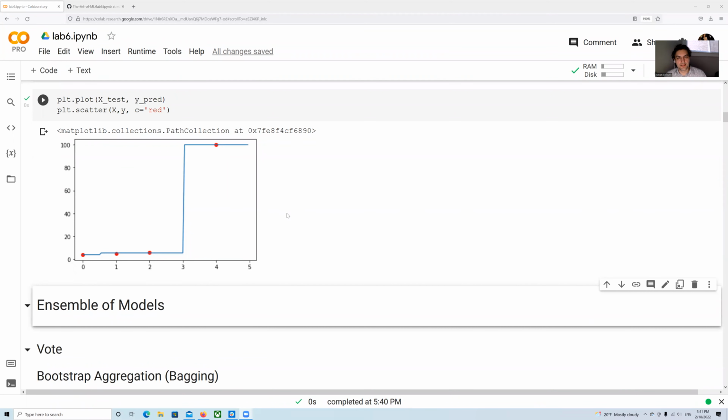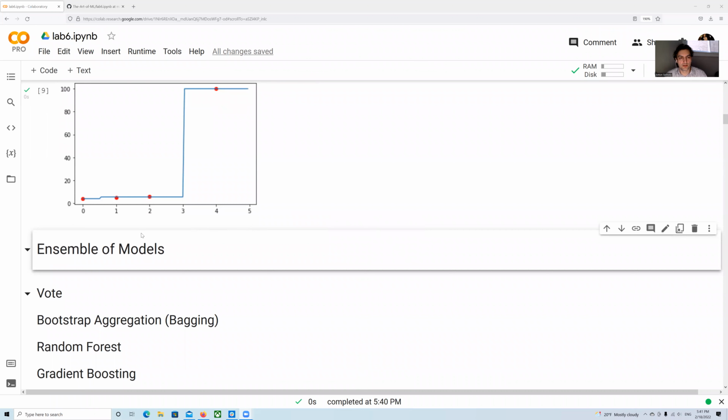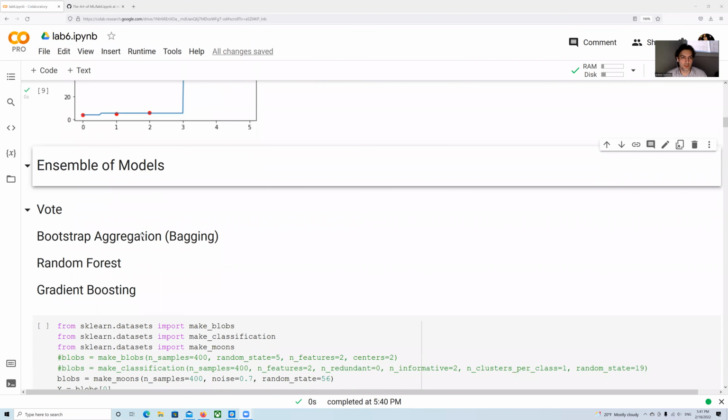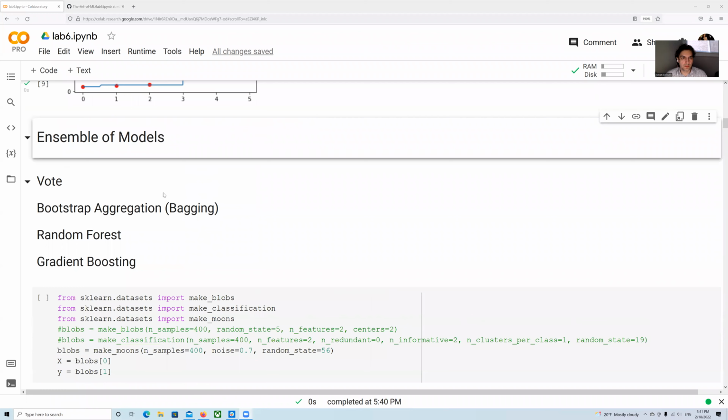Now, when we understood how to plot an individual decision tree, we can talk about ensembles of models and ensembles of trees in particular. There are two main approaches for ensembling of models, or compositions of models.